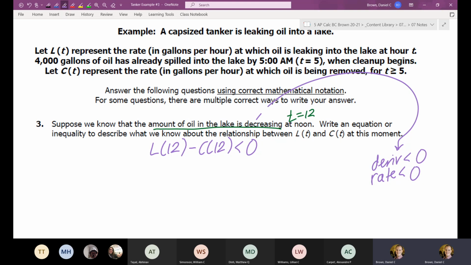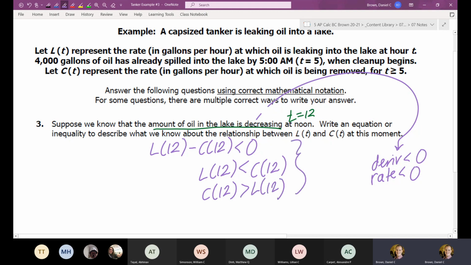Other people, and this wouldn't be marked wrong, might say that if the amount of oil is decreasing, then the rate the oil is leaking would end up being less than the rate of cleanup. Basically, you're cleaning up faster than it's leaking. So flipping around would also be okay. All those would be equivalent and the same answer.